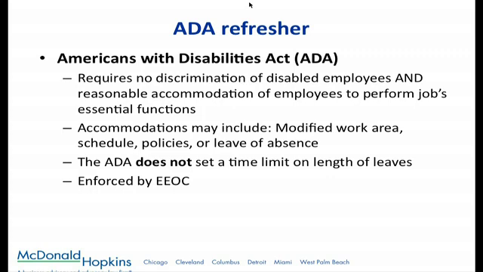So when we talk about accommodation, it includes things like modified workspace, modified schedule, maybe modified policy, could be leave. The ADA does not set a time limit on its length of leave, so it's different in that respect from the Family Medical Leave Act, which has a 12-week time period. And the ADA is enforced by the Equal Employment Opportunity Commission.